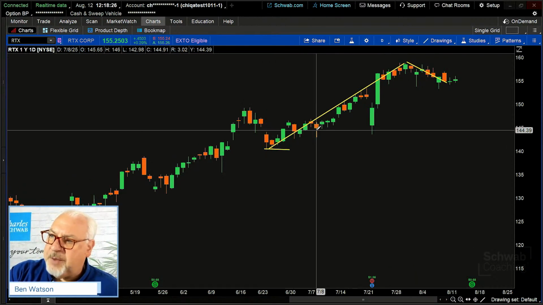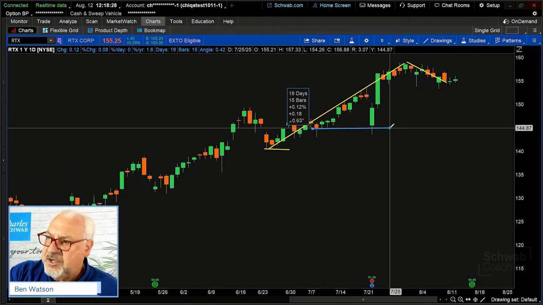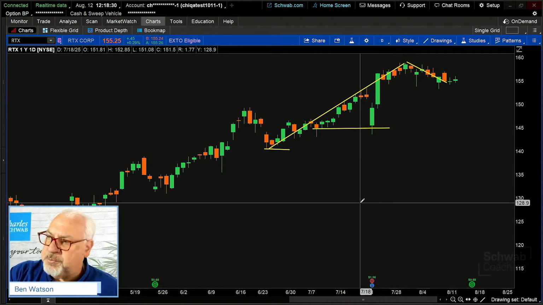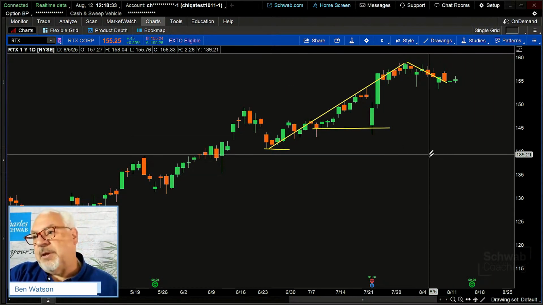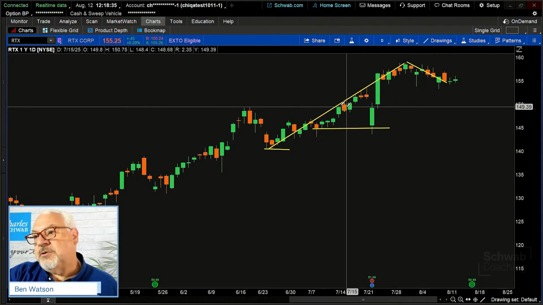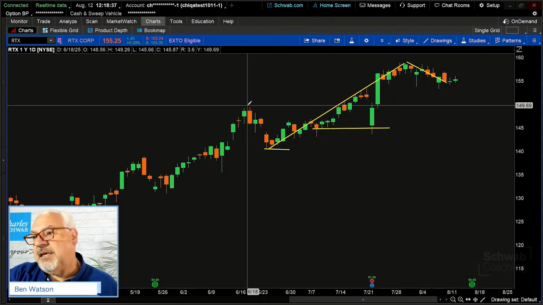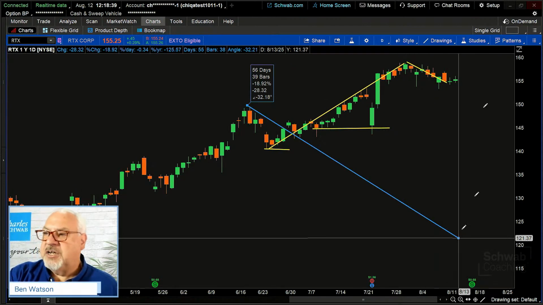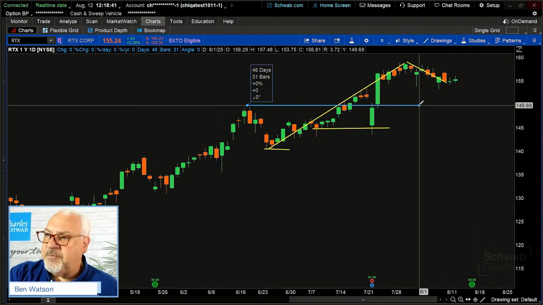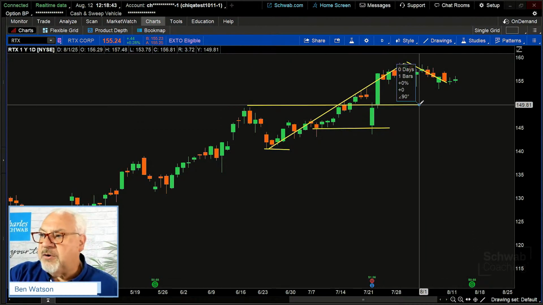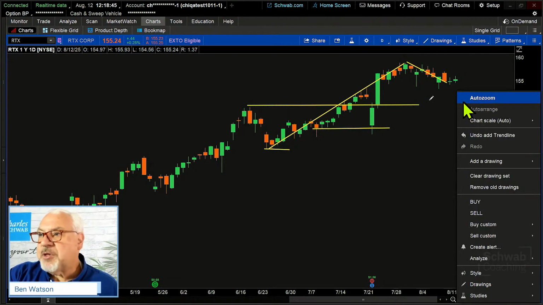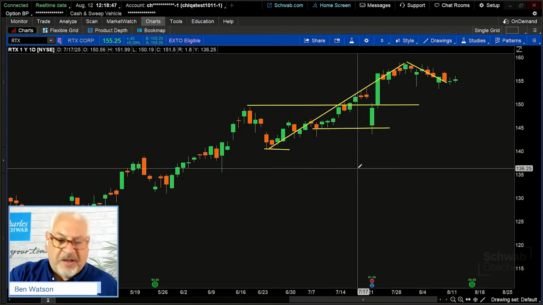That would be a long flagpole. We could draw the flagpole to this low right here that's created a level of support. We could even conceivably draw the flagpole back in here into this range as the bottom of the flagpole. All three of those levels would be perfectly acceptable levels to start our flagpole from.